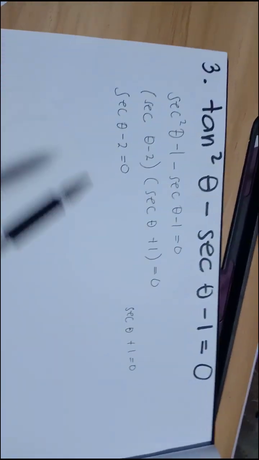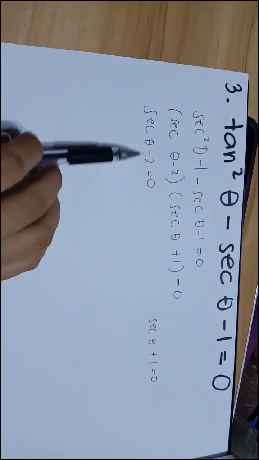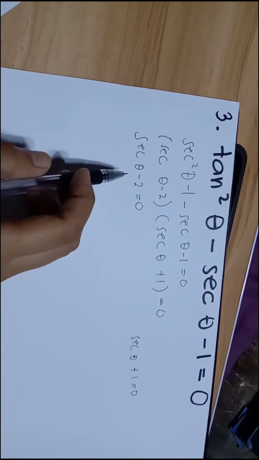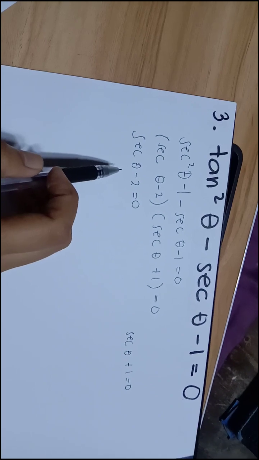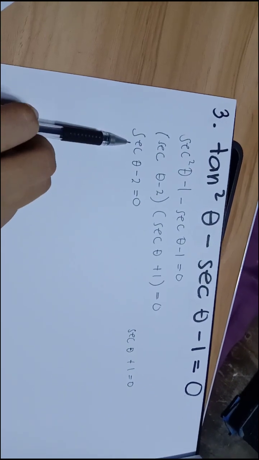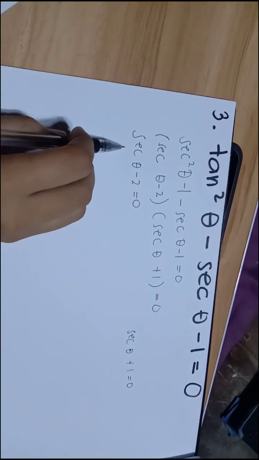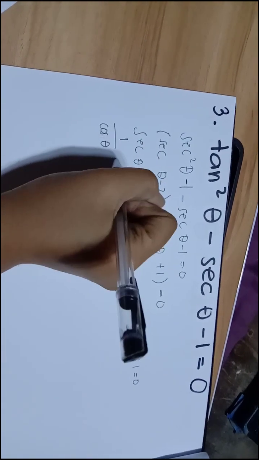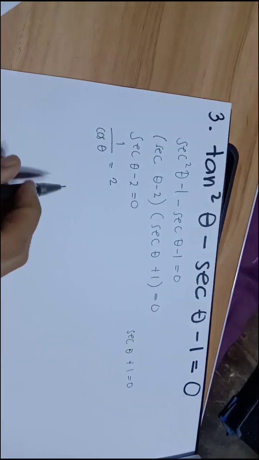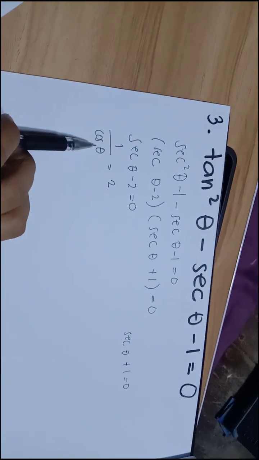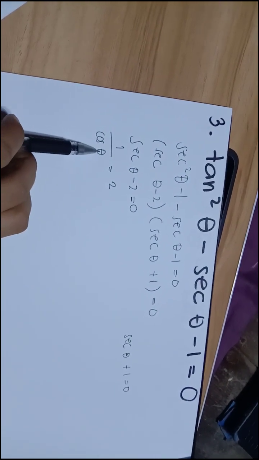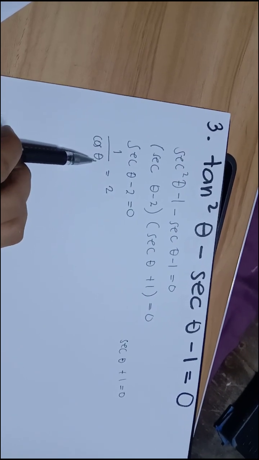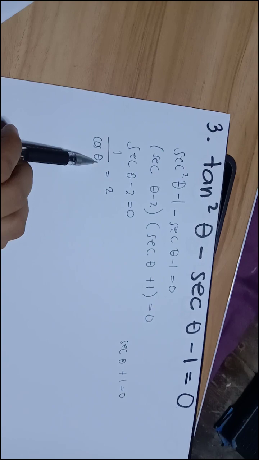It is more convenient if we express this in terms of cosine. So this will now be written as 1 over cosine theta equals 2. Cross multiply, we'll have 2 cosine theta.